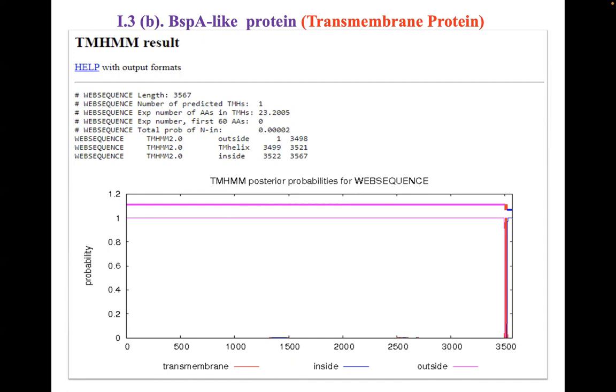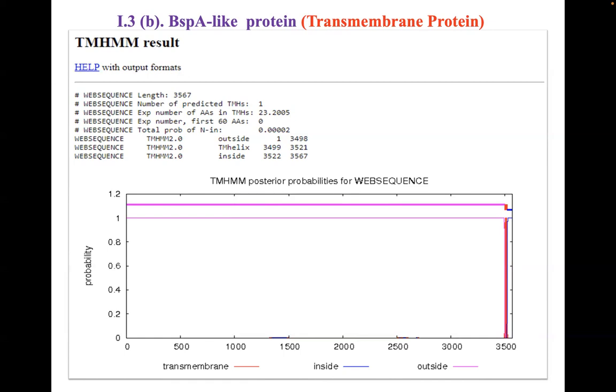So your BSPA, whatever is there, it is showing the amount of protein present outside, from 1 to some 3,500 amino acids, and some 22 amino acids transmembrane, a small region towards inside.